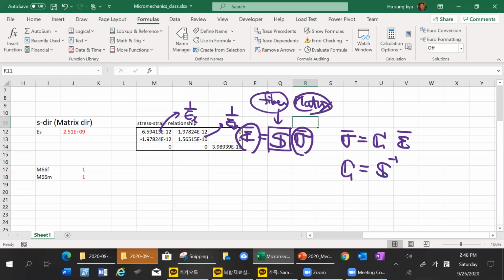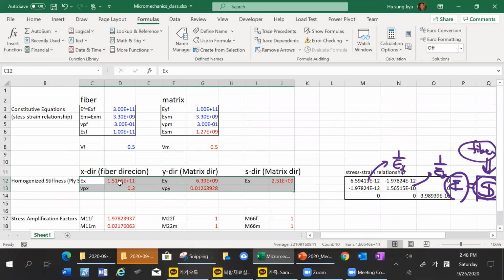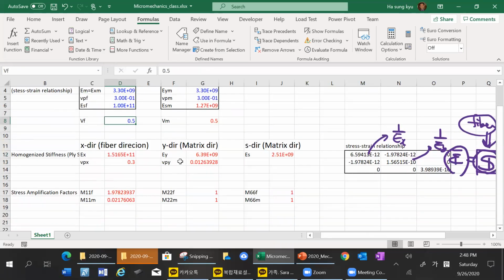Given fiber and matrix properties, you would have the compliance matrix, then you would have a stiffness matrix by inverting this compliance, and then you have the stress-strain relations. Okay, so again, I'd like to emphasize how important this is. This comes from this definition, and this one comes from all the fiber properties and matrix properties, and then Poisson's ratio and volume fractions.